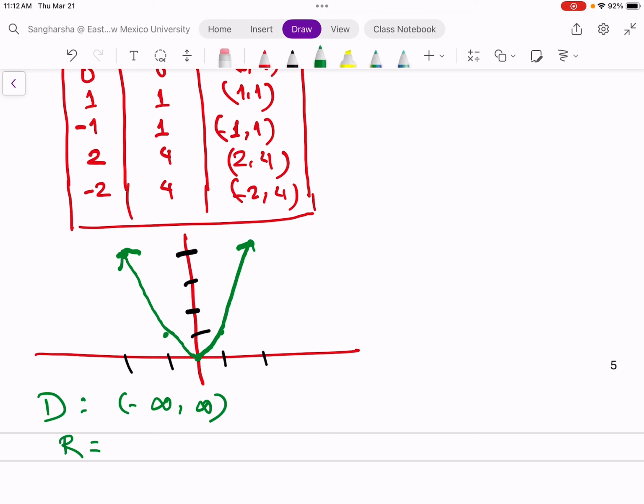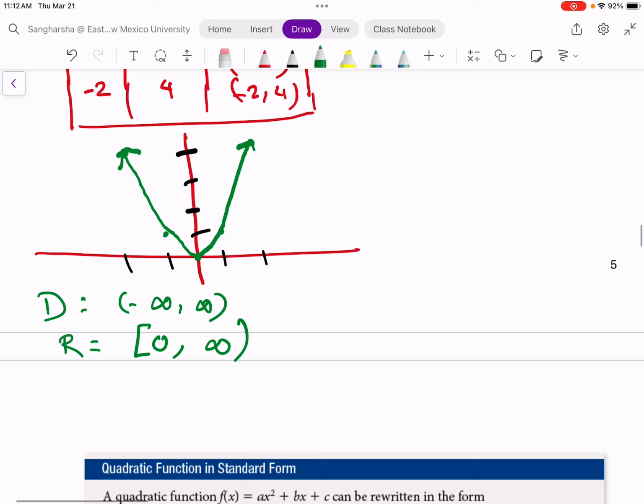It means all negative numbers are not in the range. The graph touches the x-axis, so 0 and all the way to positive infinity is the range. We include 0 because the graph touches the x-axis, and on the x-axis y is 0.